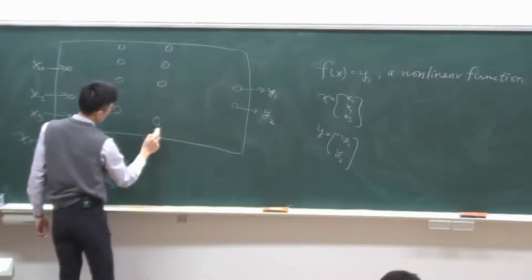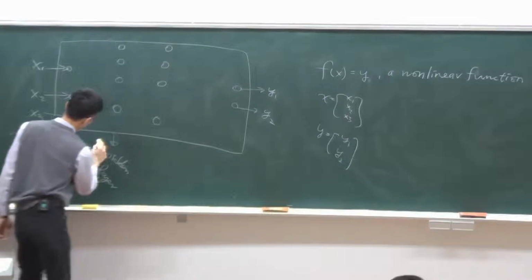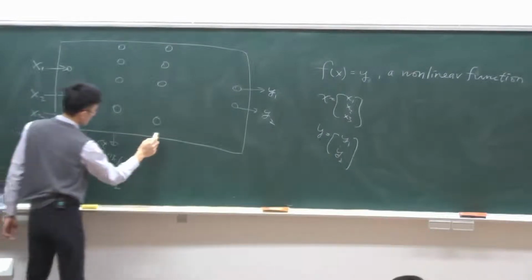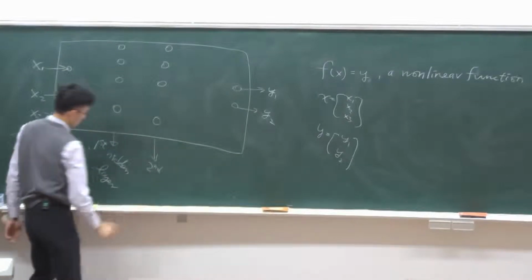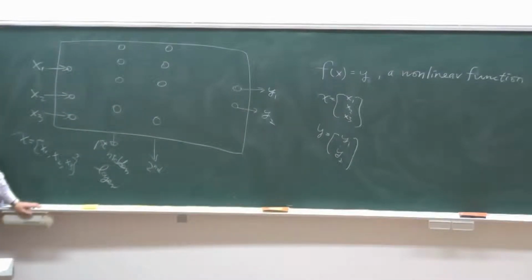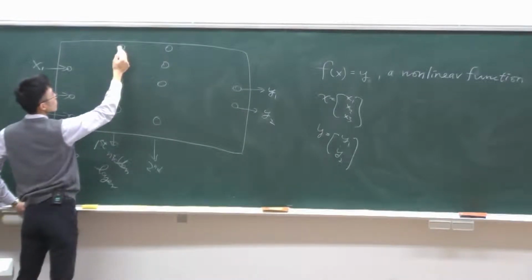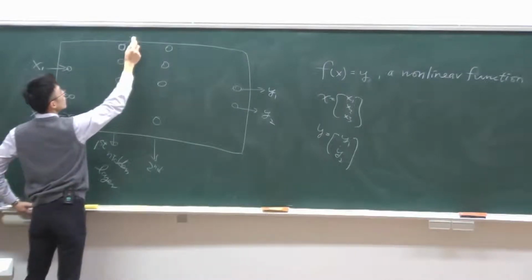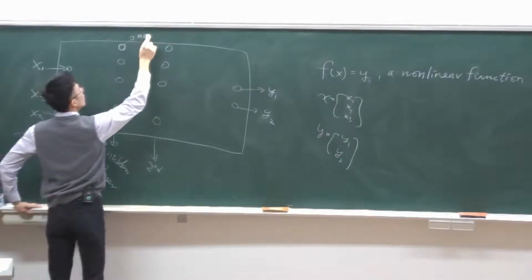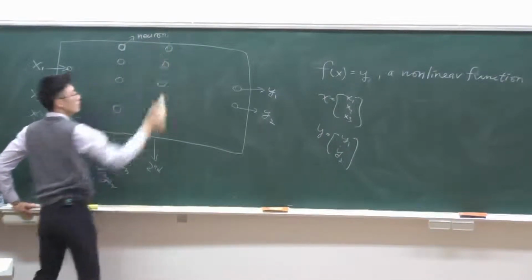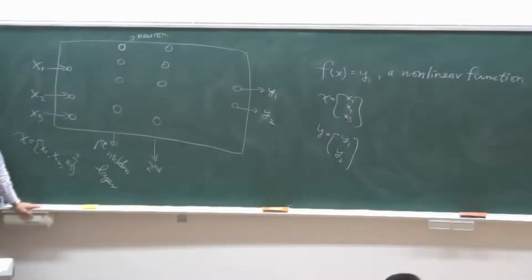And usually we use 2 hidden layers in the nonlinear control. And in each hidden layer, we have what we call a neuron. This is a neuron. In Chinese, 神经元.